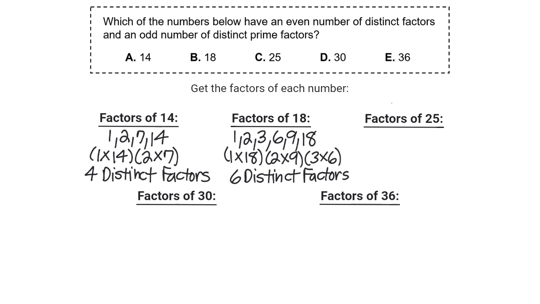For 25, it has factors of 1, 5, and 25. That's probably the easiest one. It looks like it has 3 different factors.